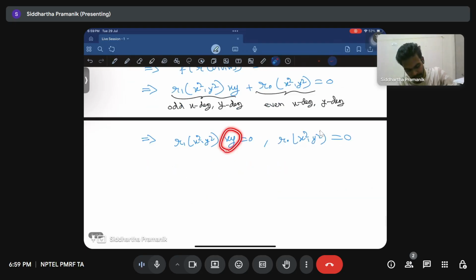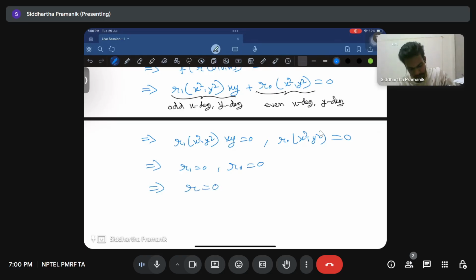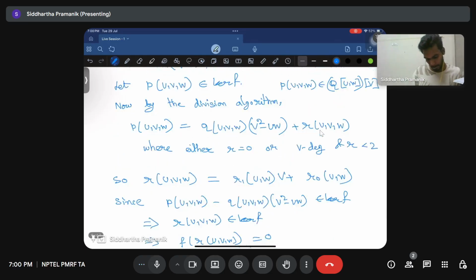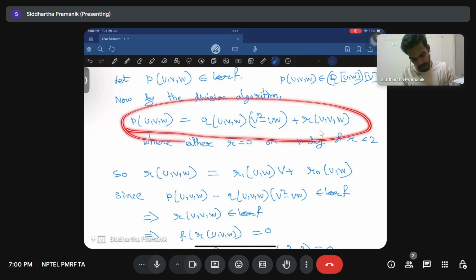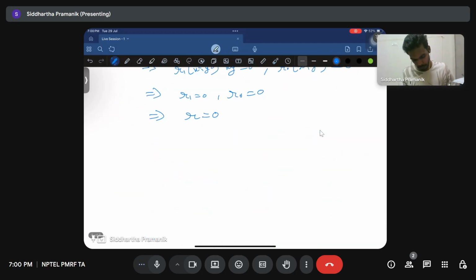But these are variables, right? So we can say r1 is 0 as well as r0 is 0, but that will imply our r itself is 0. So what are we getting? Here our r is 0. That means p is divided by v square minus uw.